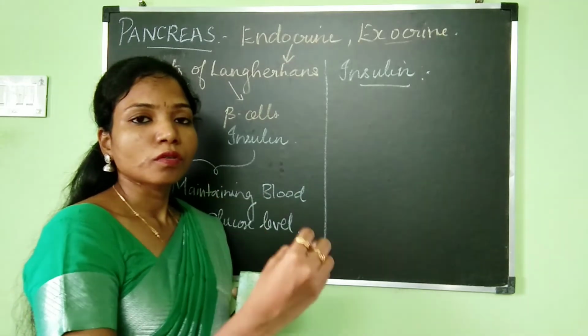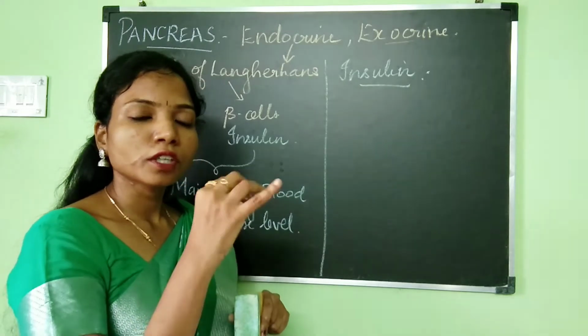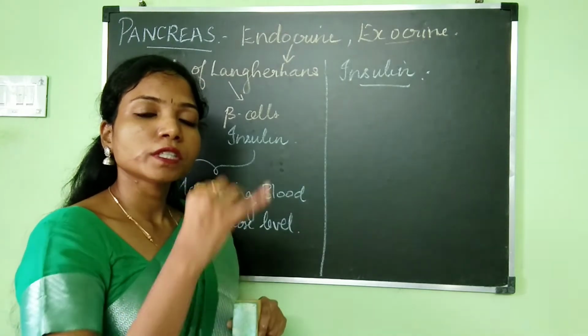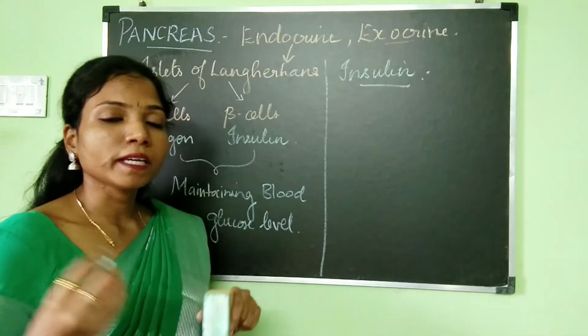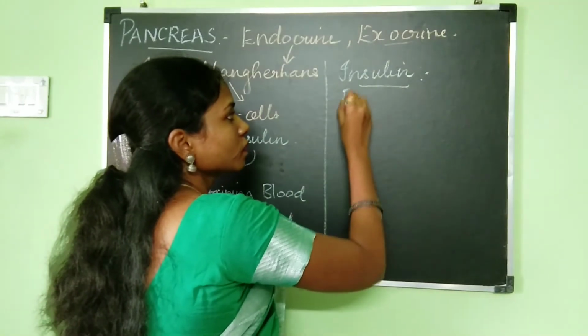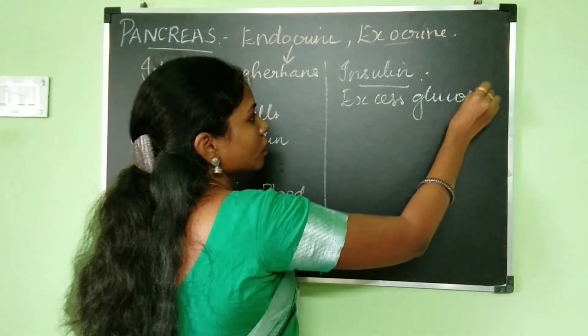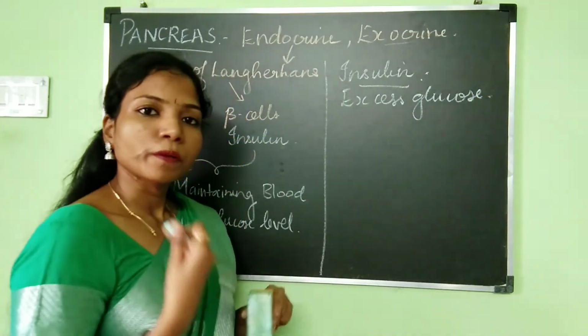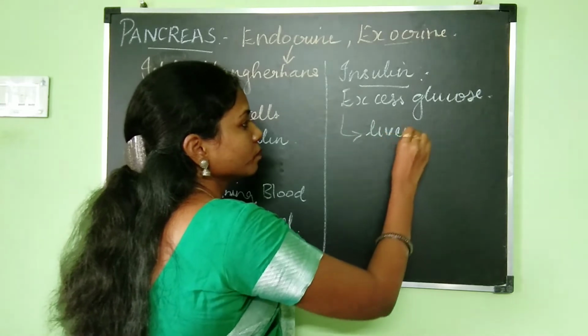This glucose will be circulating in the blood, and it will be picked up by insulin. The insulin will pick up the excess glucose circulating in our blood and take it to the liver.